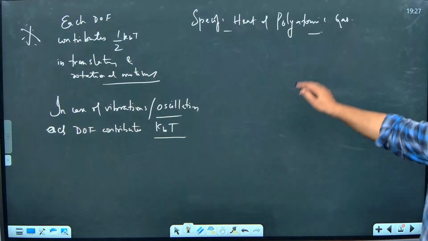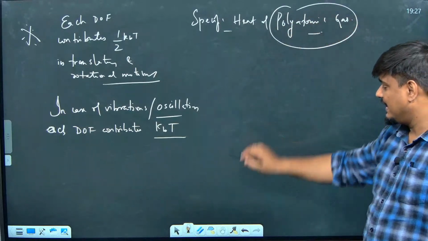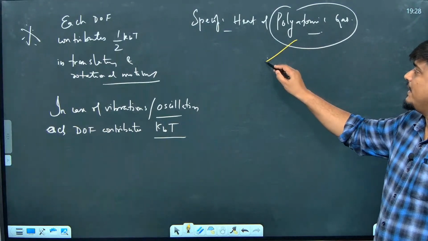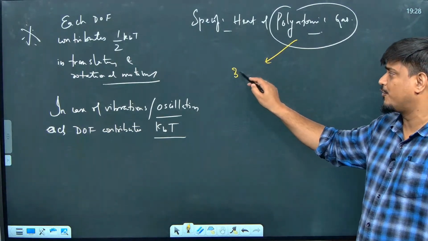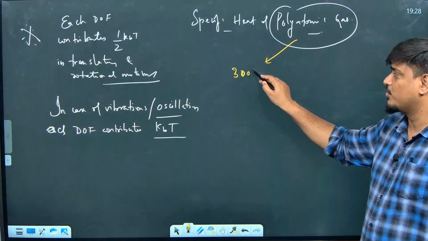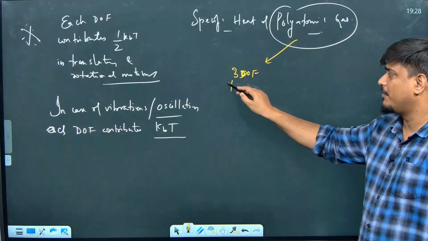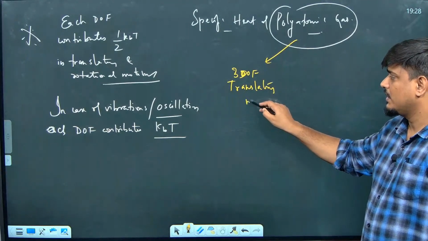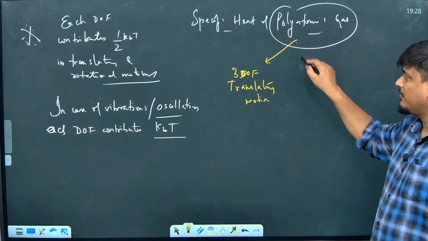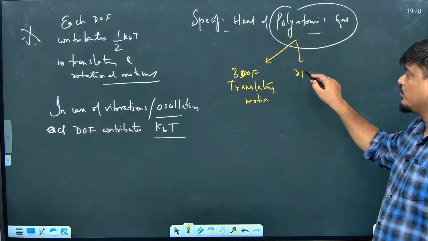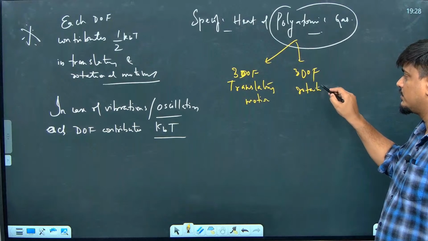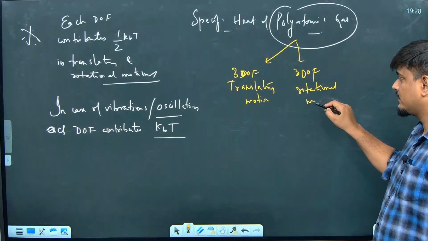So, for polyatomic gases, let us consider how many degrees of freedom will be there. Obviously, 3 degrees of freedom due to translatory motion, am I right? And we will have 3 degrees of freedom due to what? Rotational motion. I have a doubt, I don't understand that part.